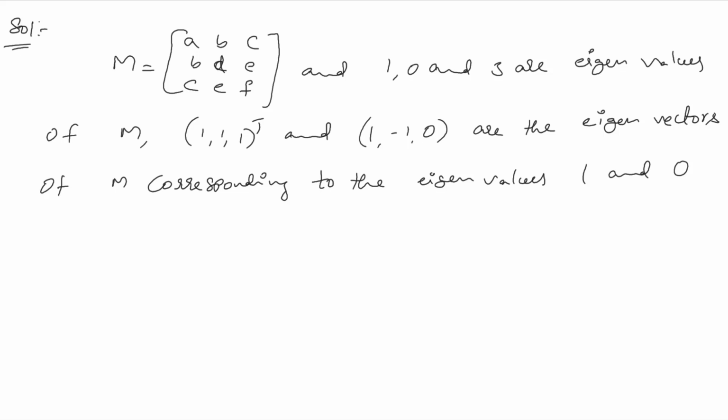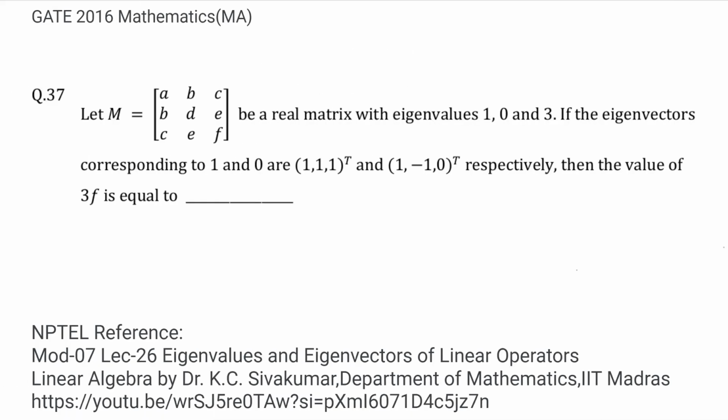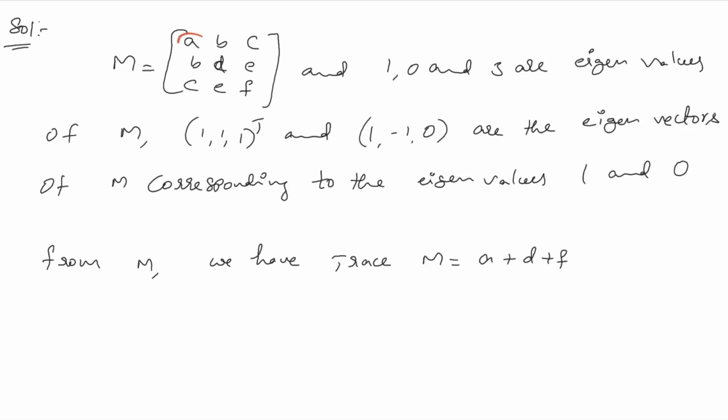From the given 3 cross 3 matrix M, we can observe that the trace of M is nothing but the sum of the diagonal entries, that is A plus D plus F. By the given eigenvalues, that is nothing but 1 plus 0 plus 3, and hence we have A plus D plus F equal to 4.